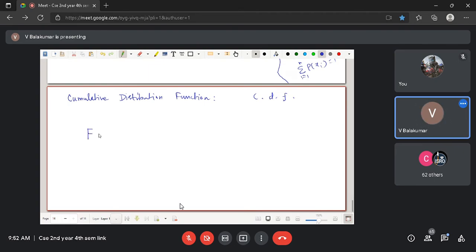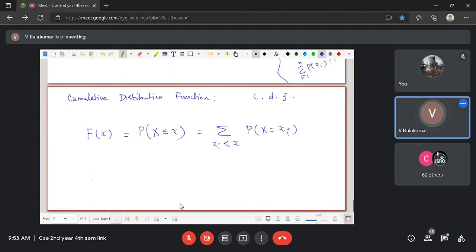Suppose the notation is capital F, if you write like this, it means the probability till this value. A specific value I am writing, small x is a specific value. It is actually the sum of the probabilities for these specific values where this value is less than or equal to x.